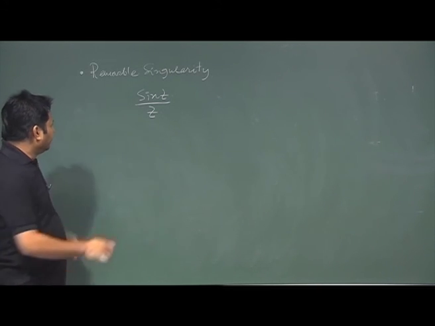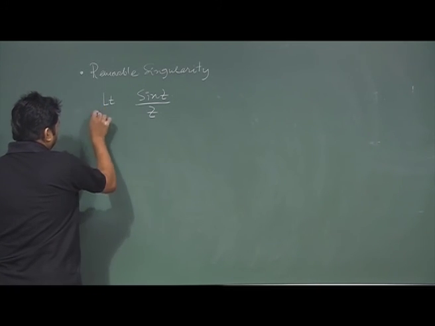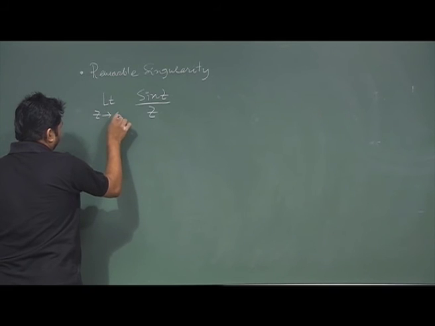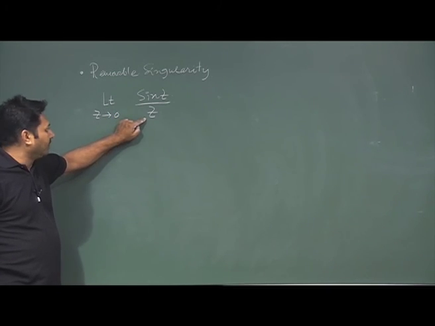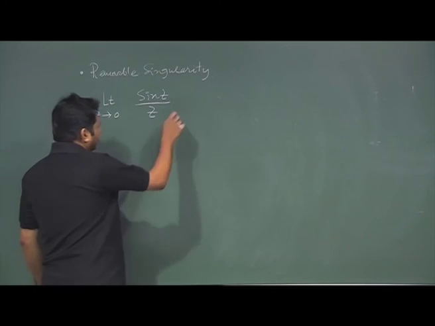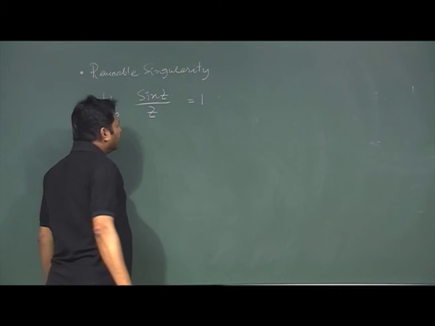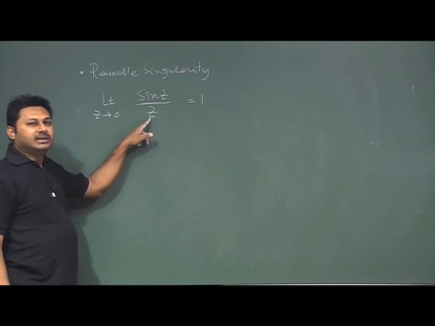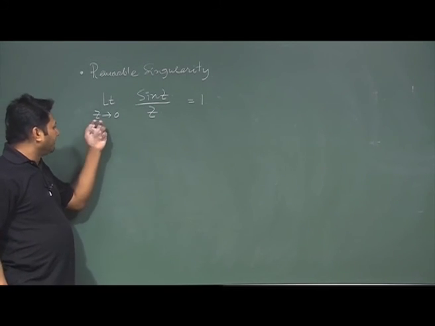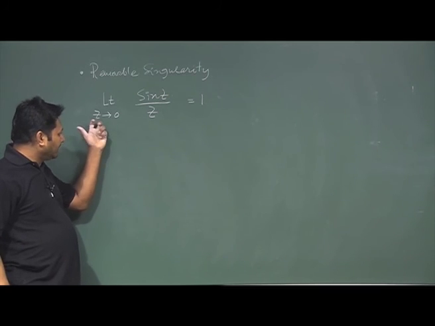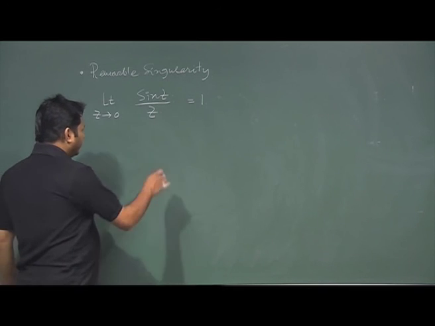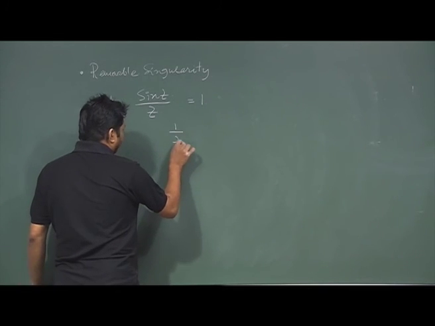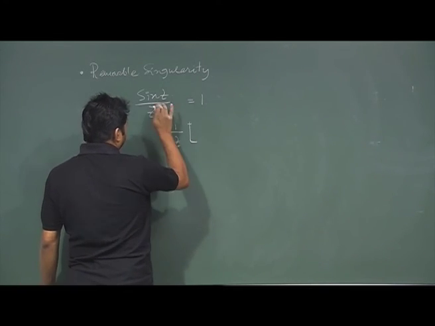If I take the limit here z tends to 0, the function is supposed to have a singularity at z equal to 0, but if I take the limit, it will come to be 1. So, we have a singularity here at z equal to 0, but if I put the limit, I will remove this singularity, that is why it is called the removable singularity.